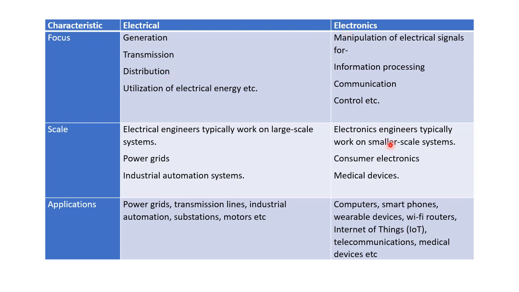For example, a smartphone is a pure electronic device, but washing machines and microwave ovens are examples of a combination of both electrical and electronics. Wherever the control and information processing part comes in, we need a part of electronics there. The first difference, which I've already told you, is that electronics is a part of electrical.